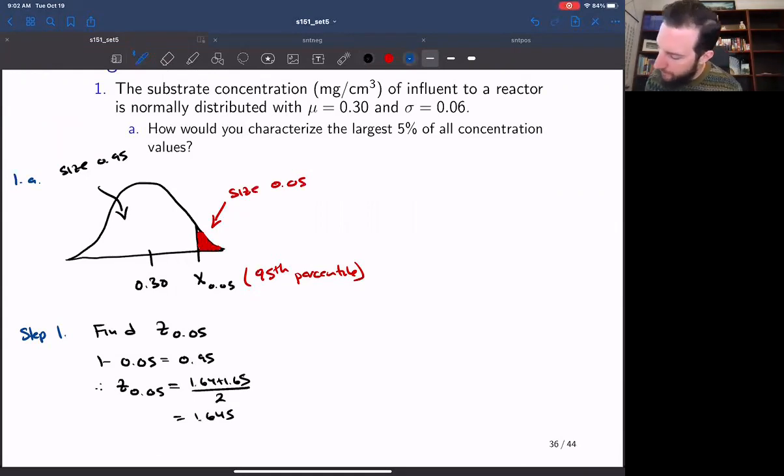Okay, so now we have z subscript 0.05. Now all we have to do is convert this into an X value.